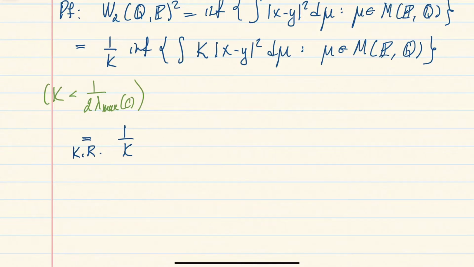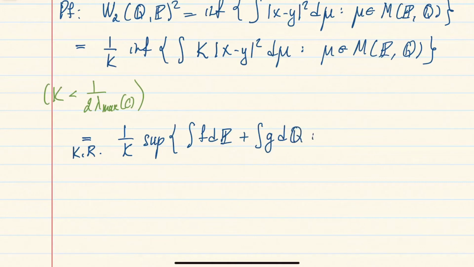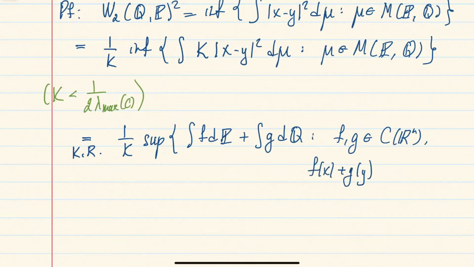can be written as a supremum, right? We have the duality where you can write this as a supremum of the sum of integrals of f dp with respect to p plus g with respect to q, and these two functions f and g should be continuous functions on our space, and they should satisfy the condition that f of x plus g of y should be less than whatever plays the role of the distance.